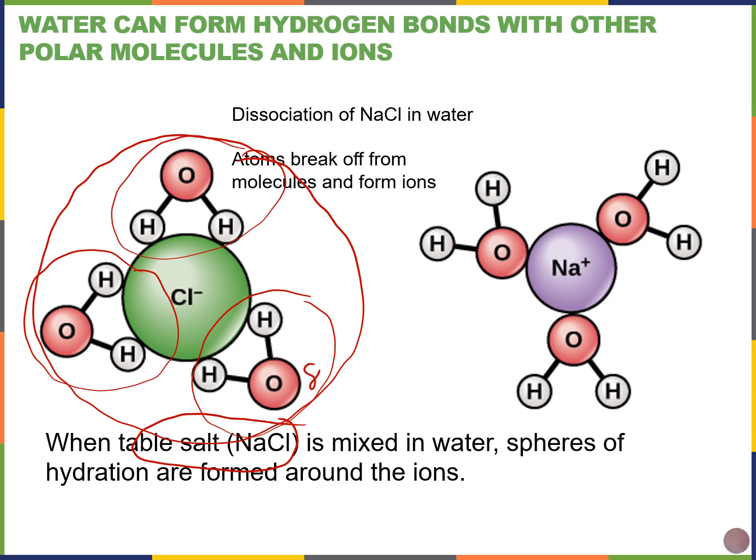Oxygen is partially negative, hydrogen is partially positive. I can see that the partially positive hydrogens are facing the negatively charged chloride ion, whereas on the right side, it's opposite. The partially negative oxygen atoms are facing the positively charged sodium ion.